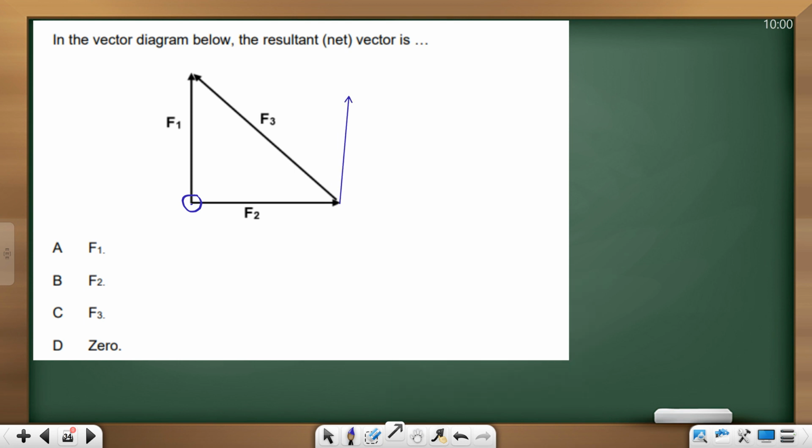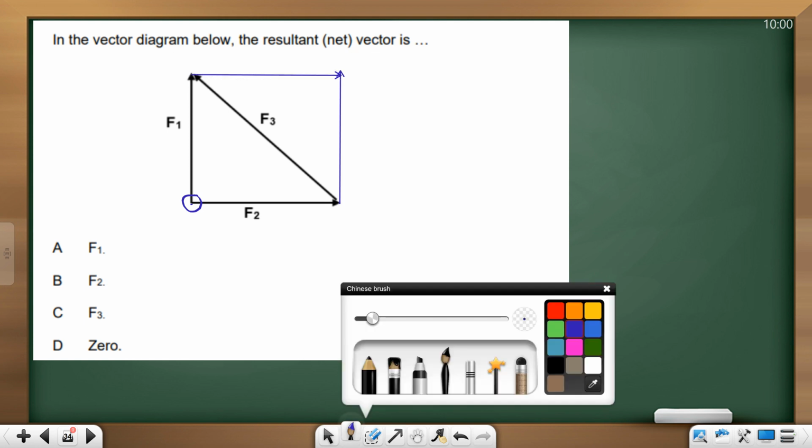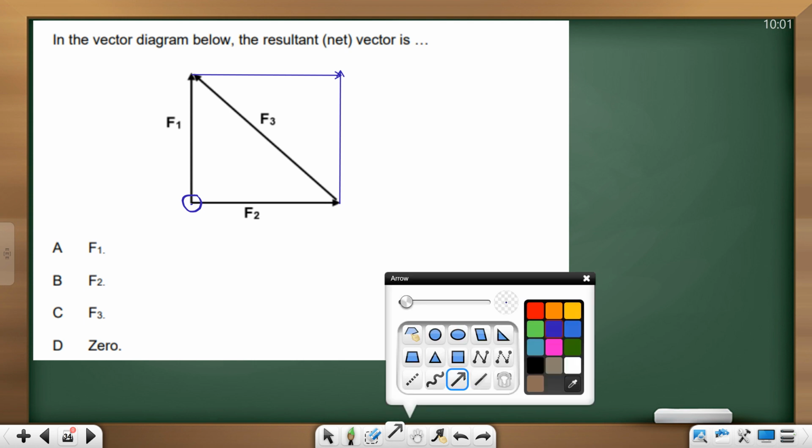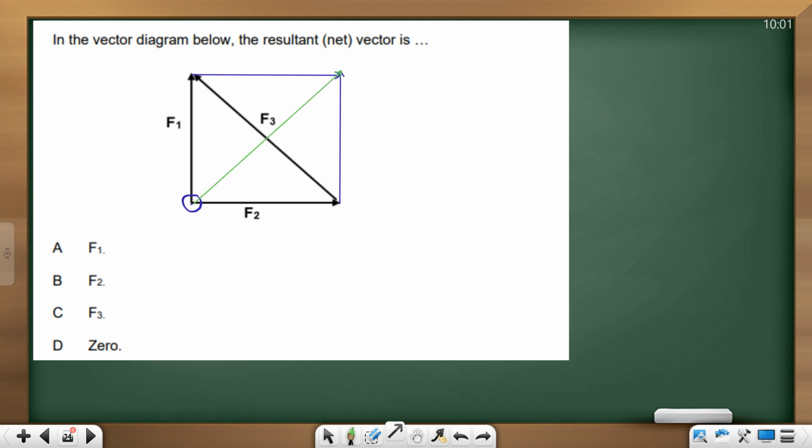I will then draw this, right? Using F1 and F2. Do you see your resultant? If F1 and F2 are the forces, that's my resultant. Does that make sense? So F3 cannot be the resultant. This is wrong.